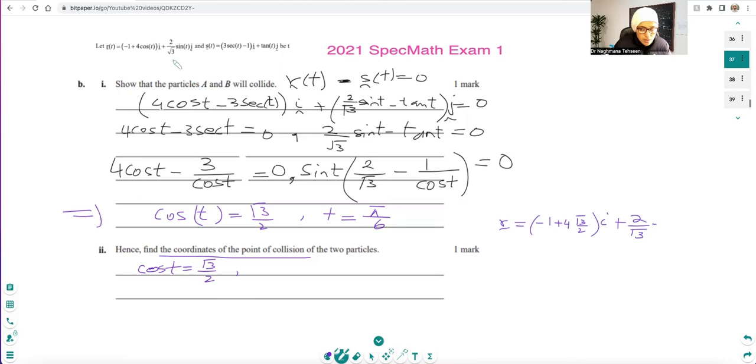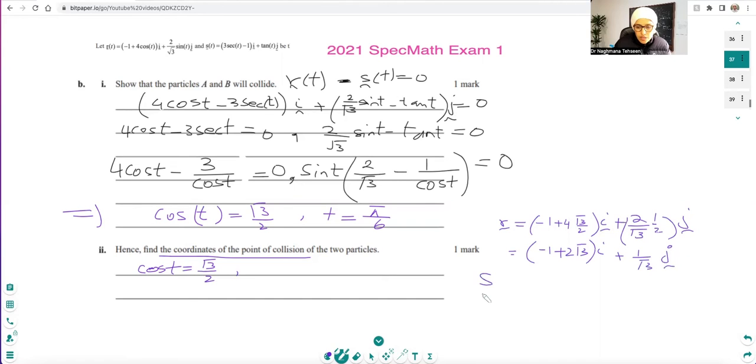Sine pi on 6 is 1/2. And that would give me the j component. Now let's simplify that. That will give me -1 plus 2√3 i, and then 1/√3 j.